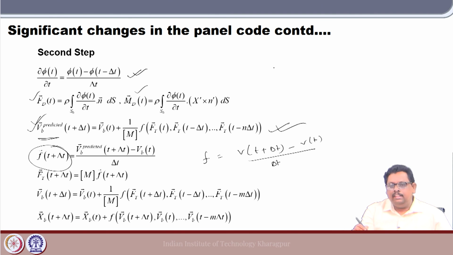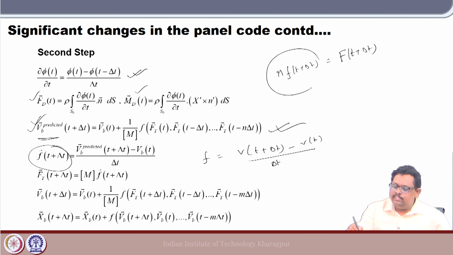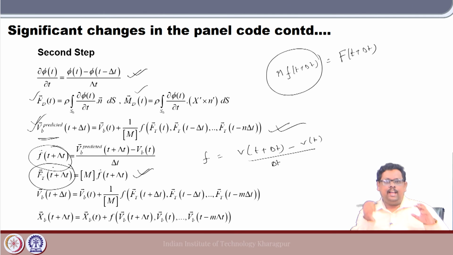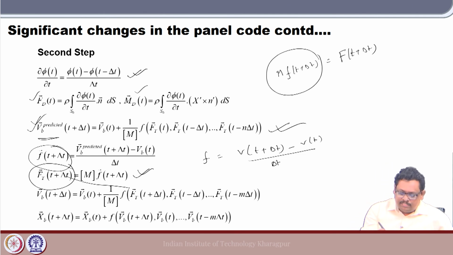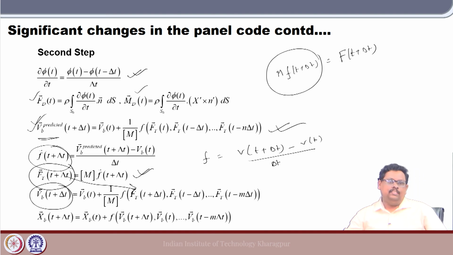Now, I know the dynamic force balance equation tells you m times f at t plus delta t is equal to the force at t plus delta t. So, we use this technique to approximate the force in the next time step. It is an approximate force. Now, we use this approximate force here to get the corrected velocity.